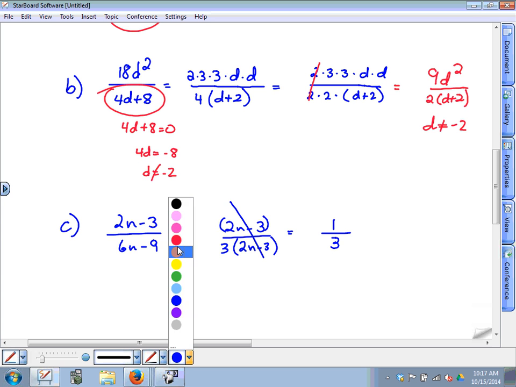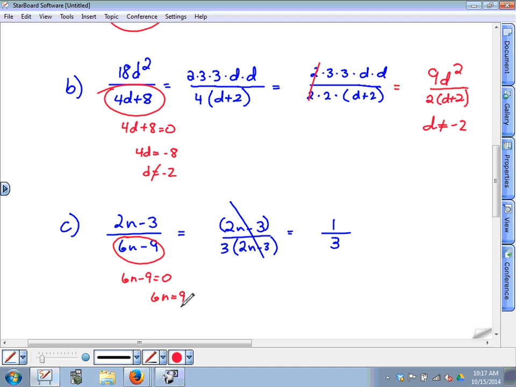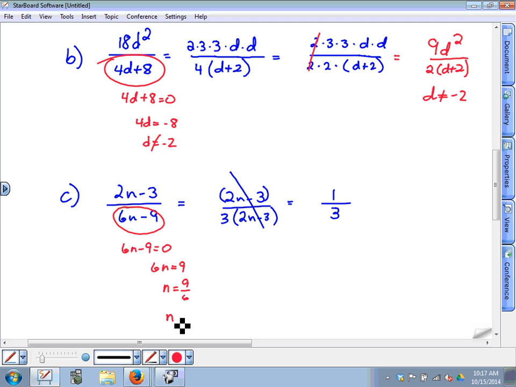So now I have to do excluded values, so I'm going to take this denominator here, 6n minus 9. 6n minus 9 equals 0. What's going to make that equal 0? Well, if you add 9 over, you make 6n equals 9. Divide by 6, which is 9 over 6, but you want to simplify that.